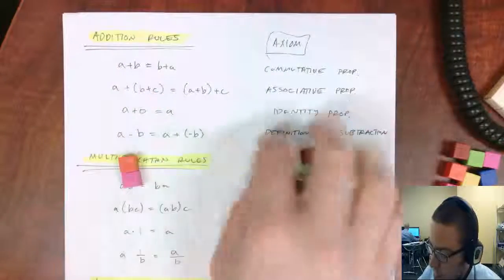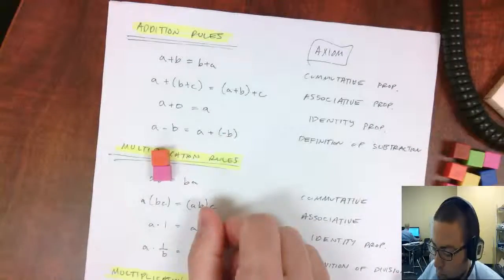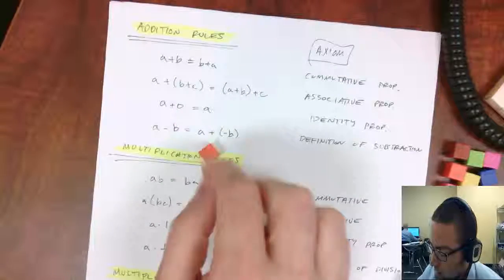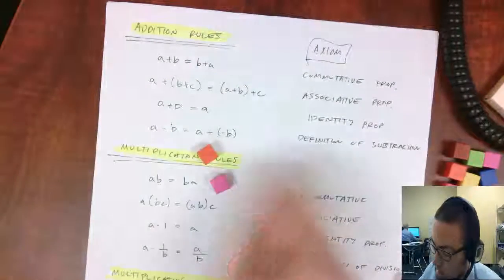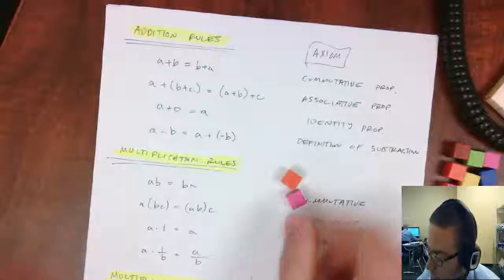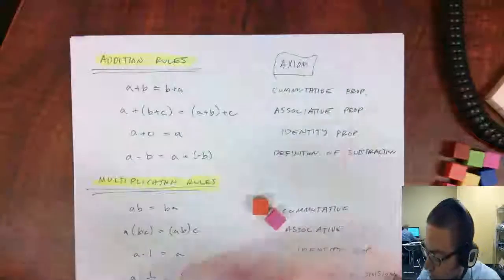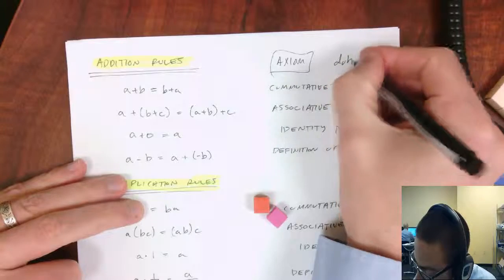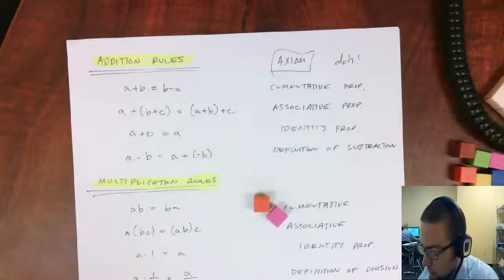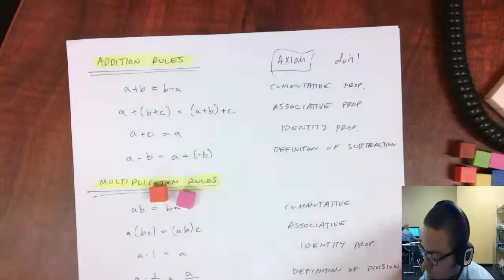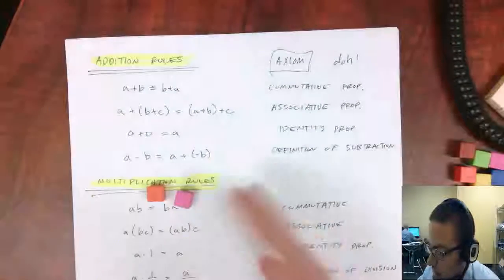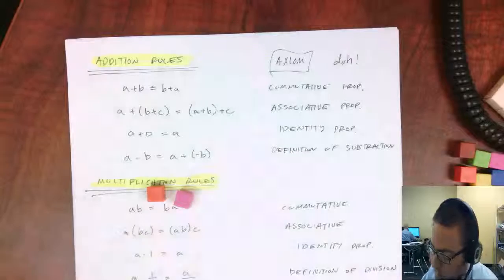If you had a plus nothing, right? If you just count a, we'll say it's 2 in this case, plus nothing, well, that's the same as if I just had that. So these are kind of like duh statements, right? And then we have our definition of subtraction. If you have some number and you take away that number, it's the same as adding its opposite. And you can make up more.